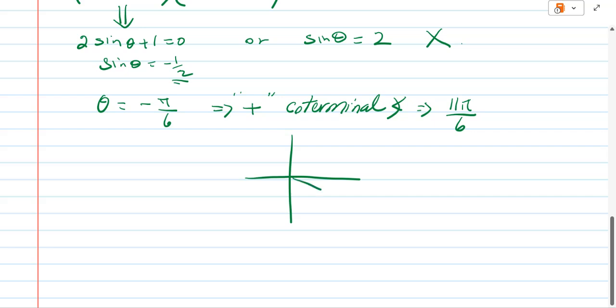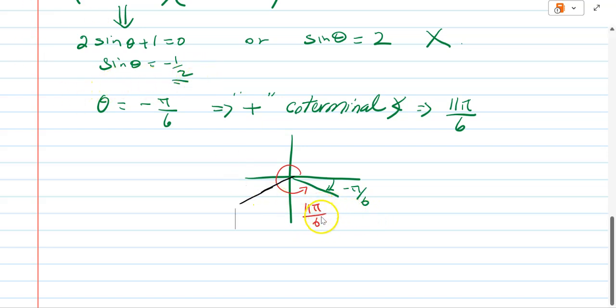We have, this is the angle that we just got, -pi/6, is in the fourth quadrant. So the first angle is this one, that is 11 pi/6. But then remember, the value of -1/2 for sine theta can show up in two places.